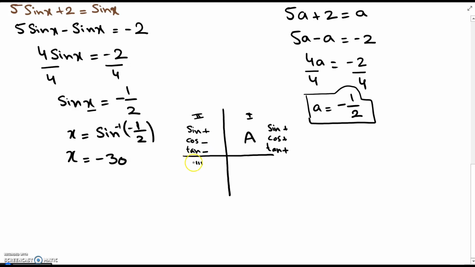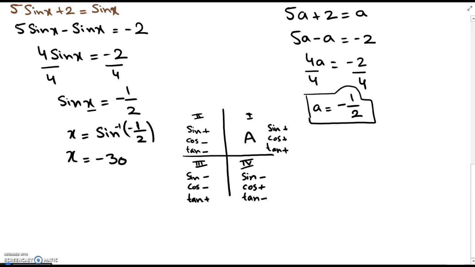In the third quadrant, sine is negative, cos is also negative, and tan is positive. Here in the fourth quadrant, sine is negative, cos is positive, and tan is negative.